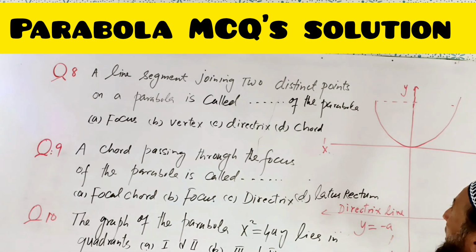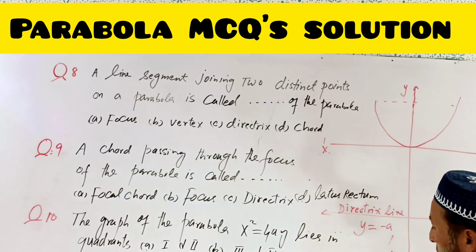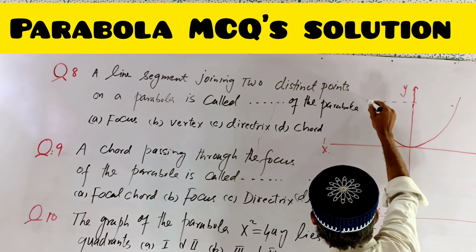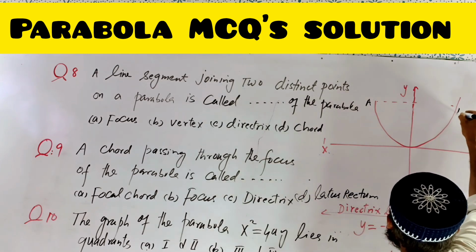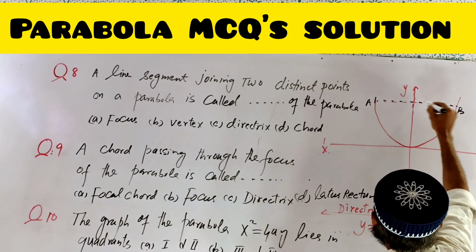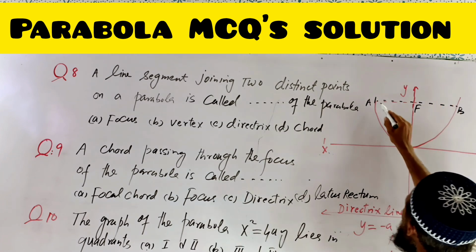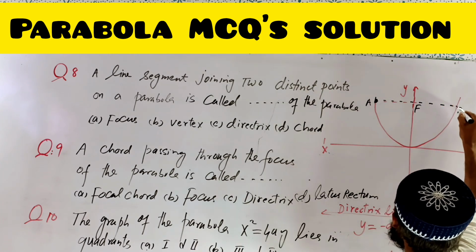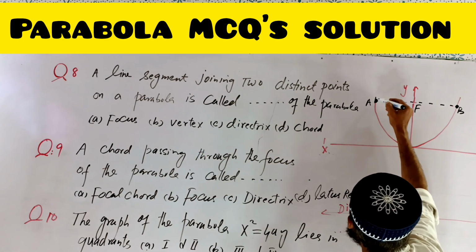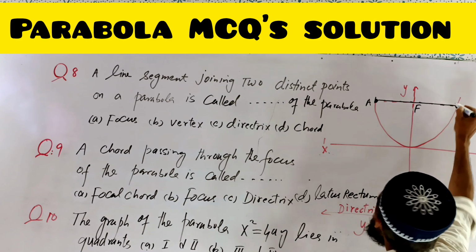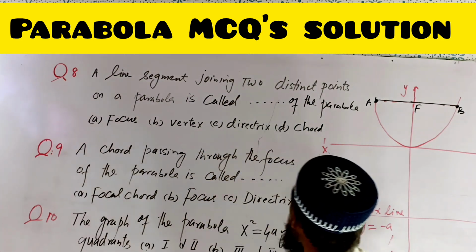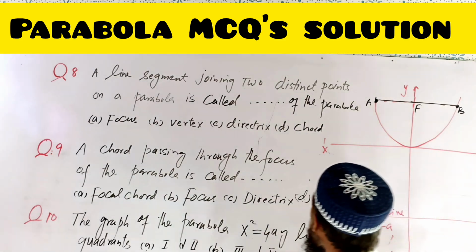For example, on this upward parabola, here is one point A and the other is point B. Joining these two distinct points is called a chord.